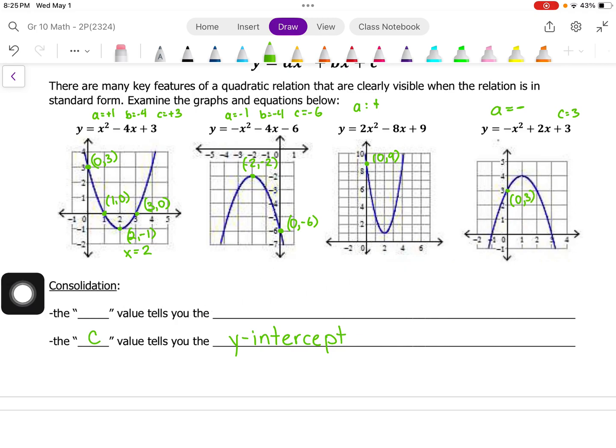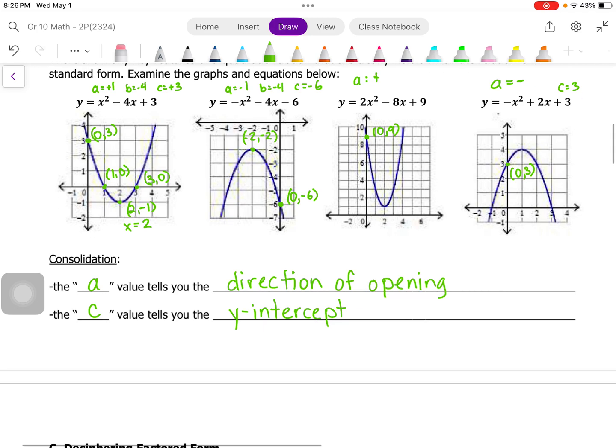So that's our next connection, is that our a value tells us the direction of opening. So standard form is useful to us, ax squared plus bx plus c, because the a will tell us if our parabola opens up or down, and c will tell us where that parabola crosses our y-axis.